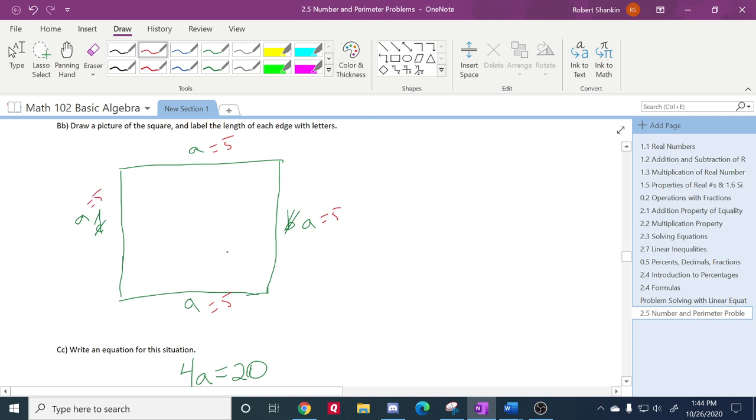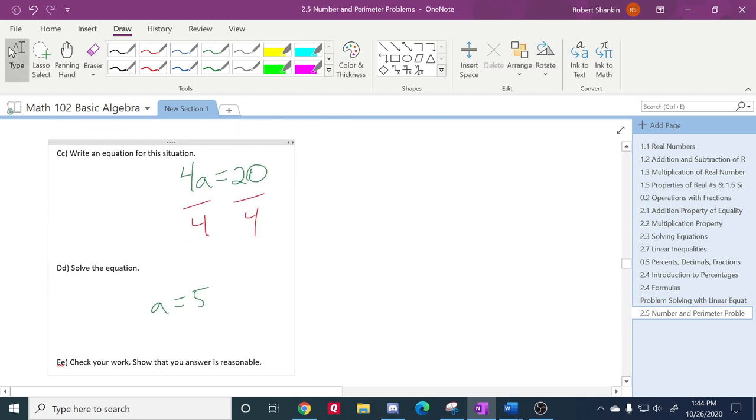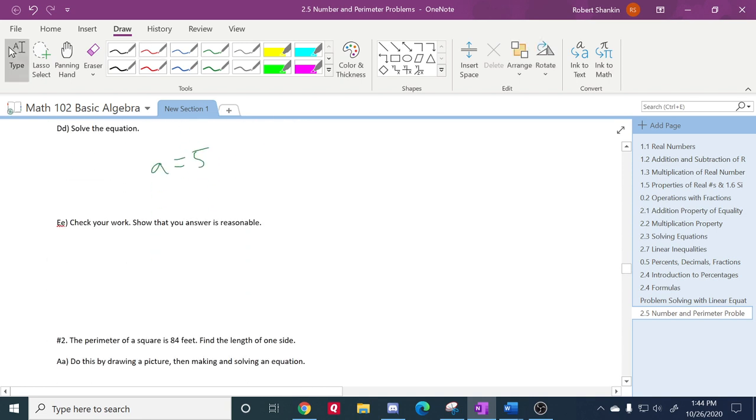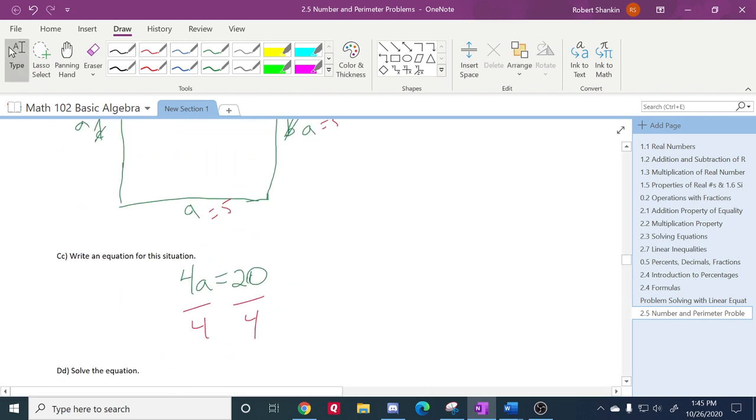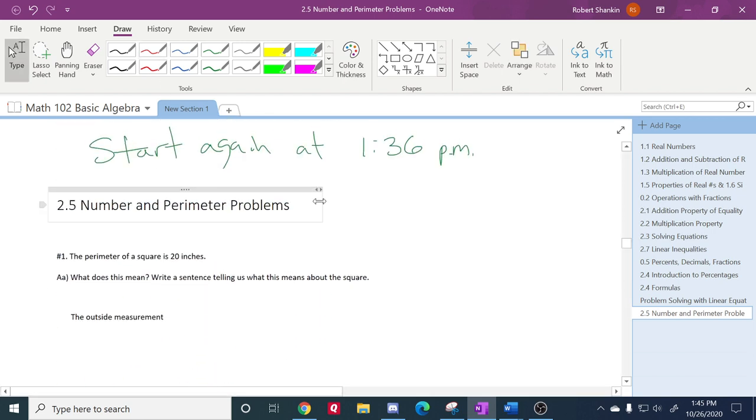And then the perimeter, 10 and 10, perimeter is 20. All right, so check, I've done that.